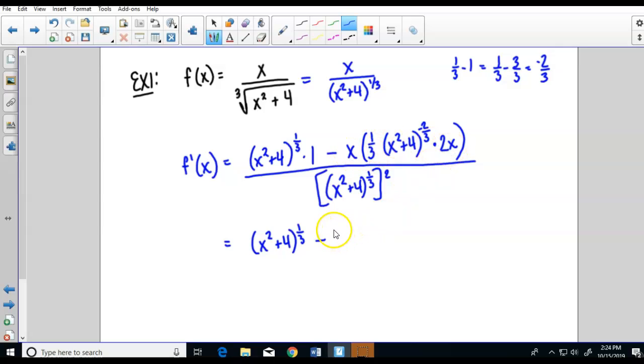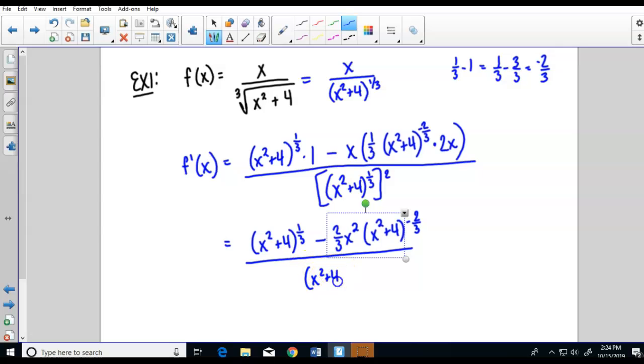I'm going to put that together, so it gives me 2/3 x squared times x squared plus 4 to the negative 2/3, and I'm going to put that over x squared plus 4 to the 2/3.